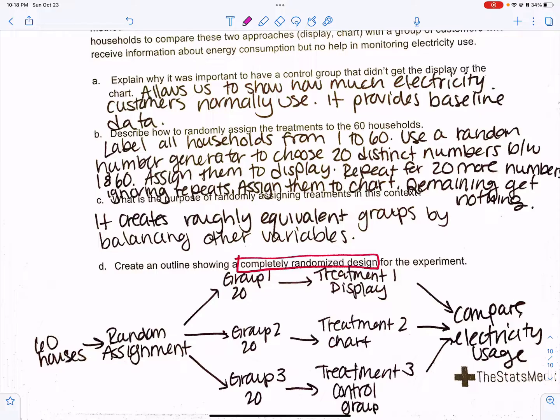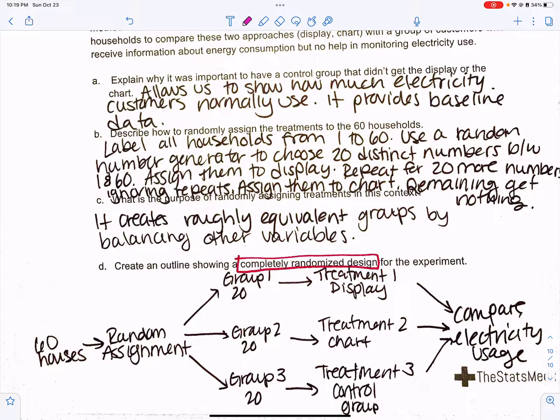Use a random number generator to choose 20 distinct numbers between 1 and 60. Assign them to display. Repeat to get the next 20 numbers, ignoring repeats. Assign them to a chart, and the remaining ones don't get anything. So you could have used a hat and put numbers in and shaken it up, or a random number digit table, however you want.